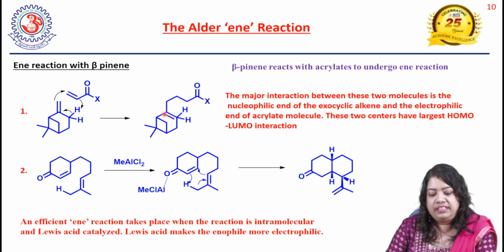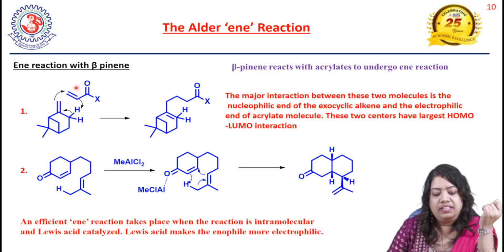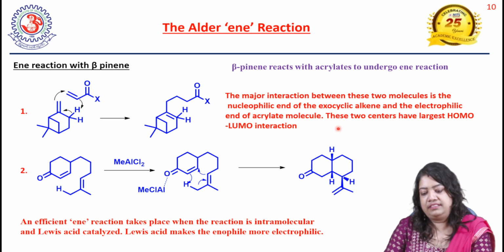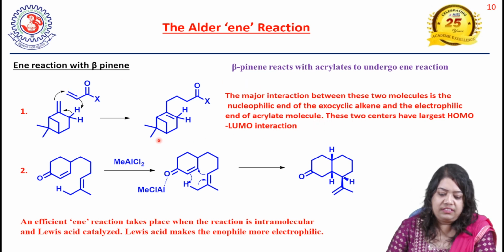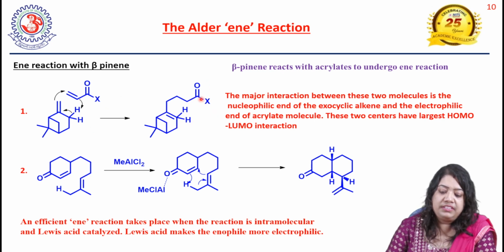One internal double bond is also formed during the course of the reaction. These two ends, the nucleophilic end of the exocyclic double bond and the electrophilic end of the acrylate, have the largest HOMO-LUMO interaction. So the ene reaction is useful to incorporate long substituted side chains in a molecule.